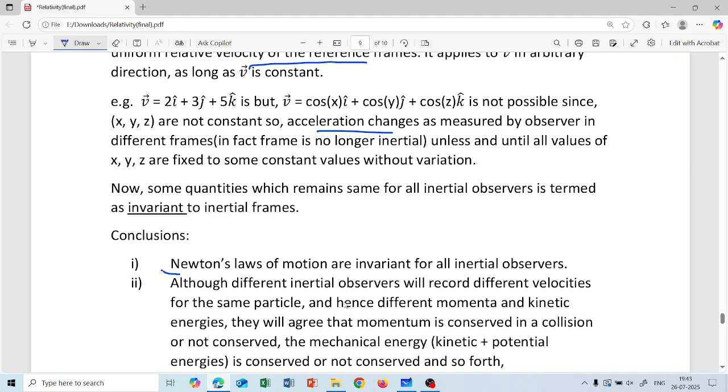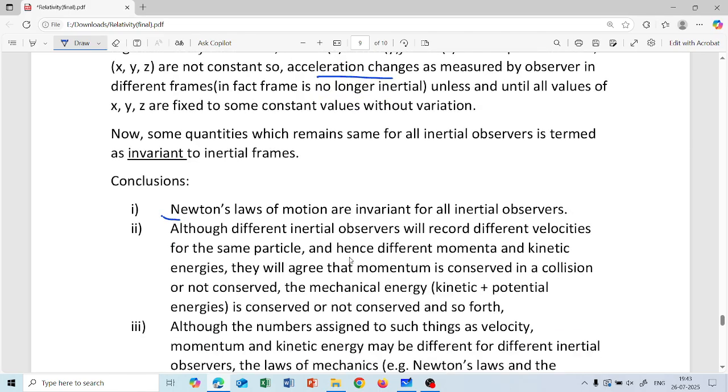One more thing we can conclude is that some quantities which remain the same for all inertial observers are termed invariant to inertial frames. See here, acceleration is the same for all inertial observers, irrespective of reference frame.